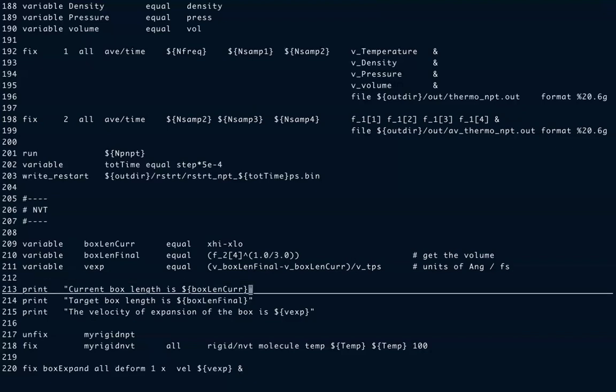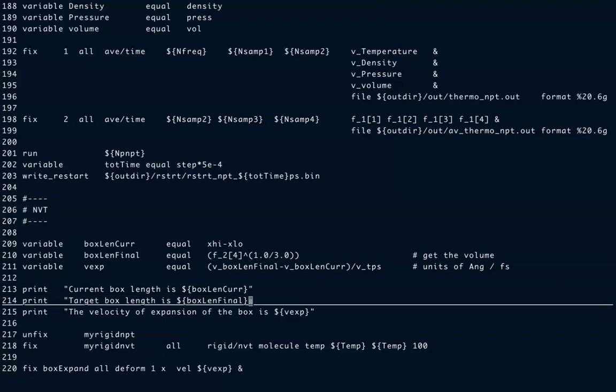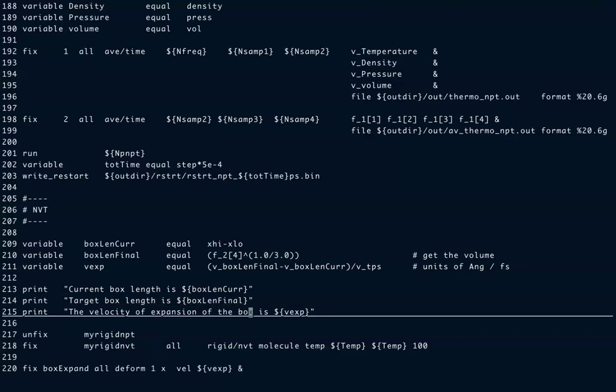To provide you a clearer instruction, I have written a statement here to print the current box length, the final box length that we wish to have in order to ensure we get a particular density, and finally, the expansion velocity of the box so that we have a smooth expansion.